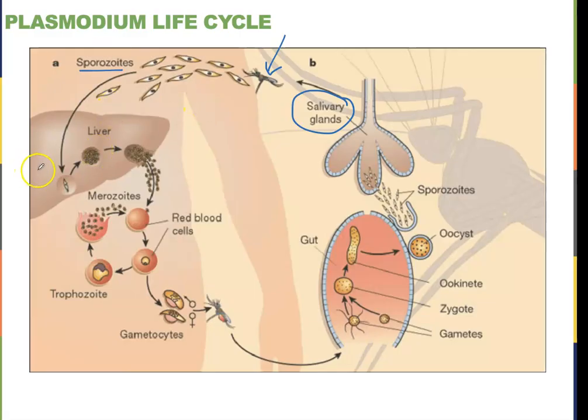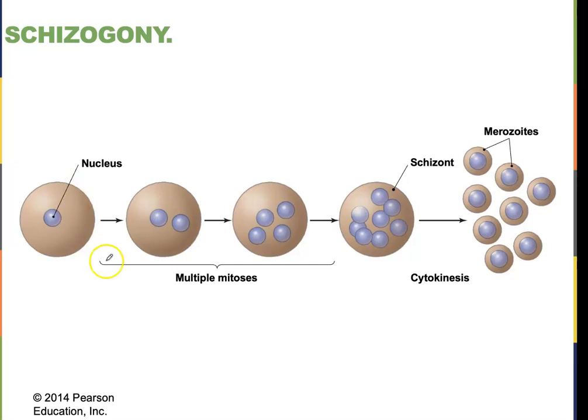So they attack the liver first. In the liver, they undergo something called schizogony, which, let me show you the picture, is just multiple mitoses within a cell. Then you have this schizont, which is many forms of this Plasmodium that started off with one nucleus. Now you have several, plentiful nuclei.